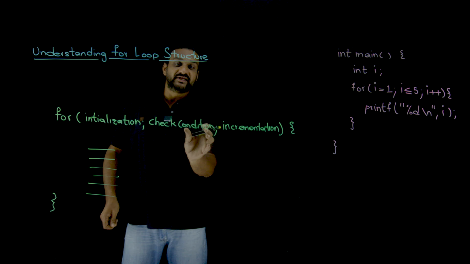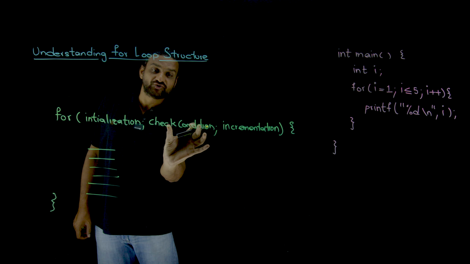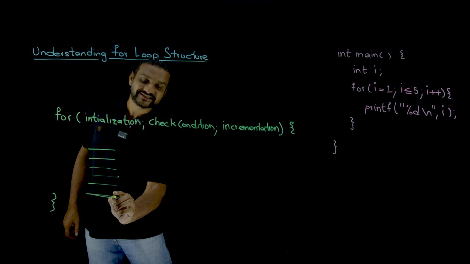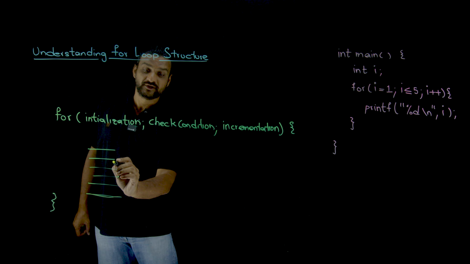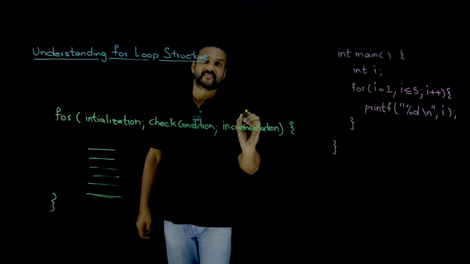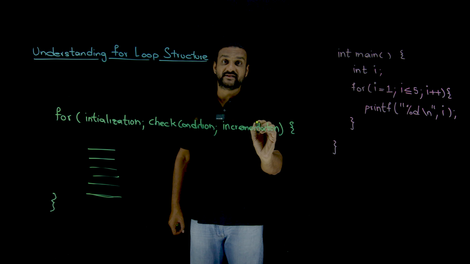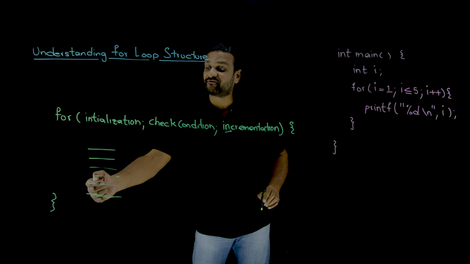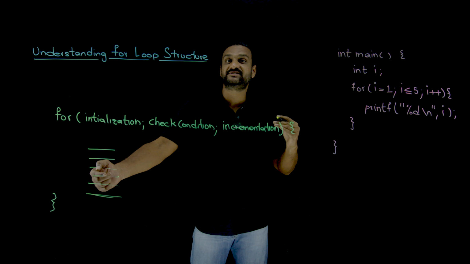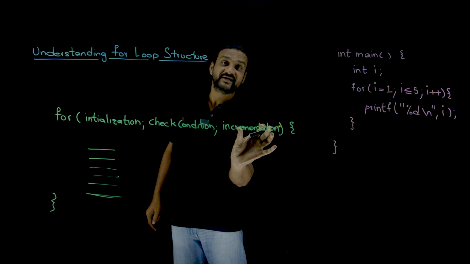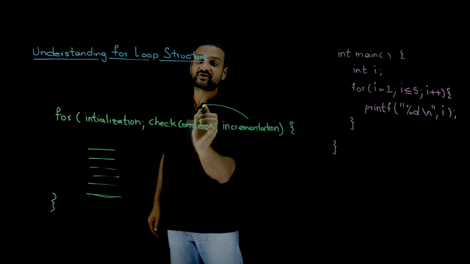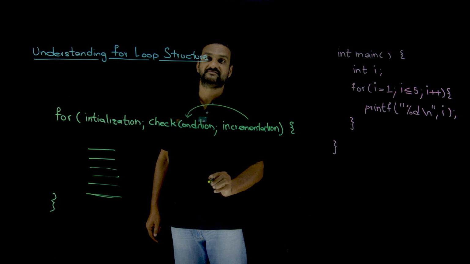Now the check condition, if this is true, these statements will get executed. After executing the last statement in the for loop, the incrementation is done. Once all the statements in the for loop get executed, the incrementation is done. And after this incrementation, again we are going to check the condition.